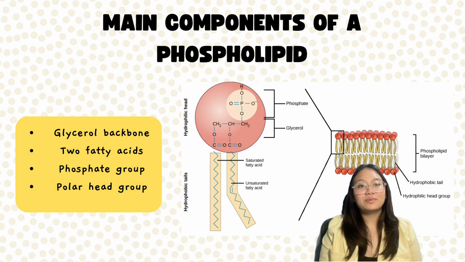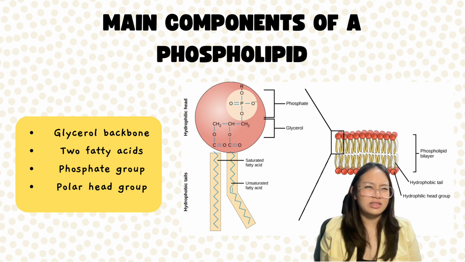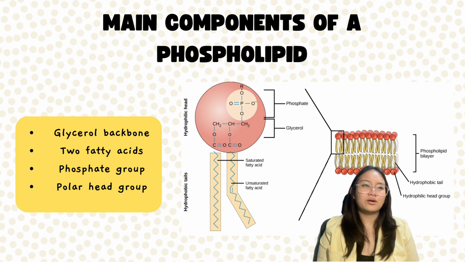So a phospholipid is made out of, first, a glycerol backbone, two fatty acid tails, a phosphate group, and a polar head group. So what are these? So glycerol backbone is a 3-carbon molecule that acts as the spine that holds everything together.